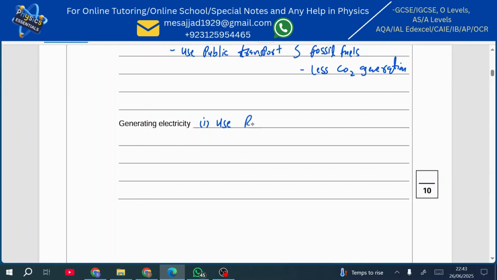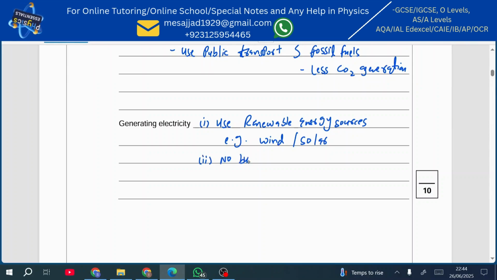Use renewable energy sources, e.g. wind, solar, and when you do that, no burning of fossil fuels or coal, so no CO2. Okay.